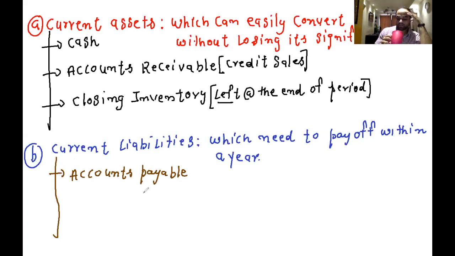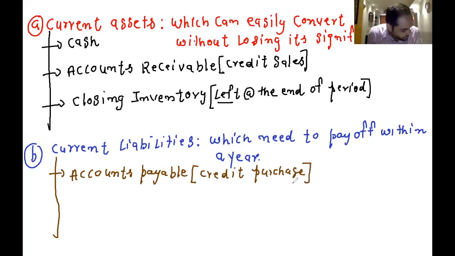What is the meaning of accounts payable? Anybody? Any idea? We bought on credit. That's right. Accounts payable means credit purchase, which needs to be paid, which is outstanding or due.